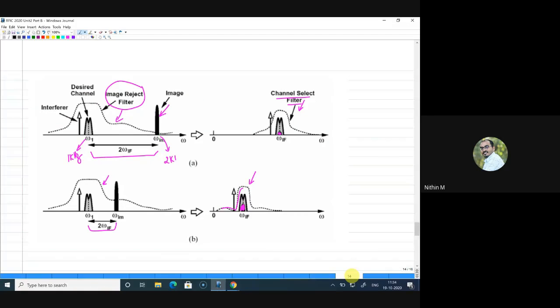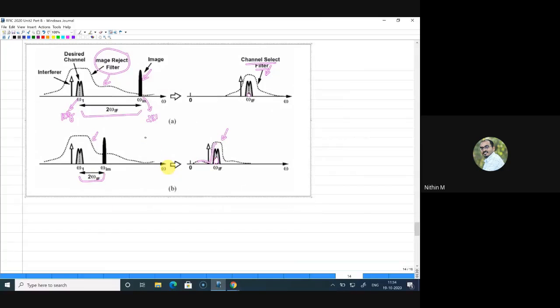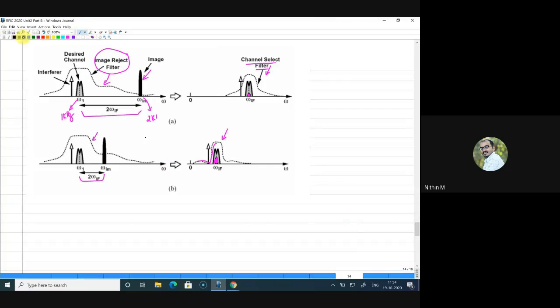Let me just draw the diagram over here. We have the antenna, and then the first filter, which selects a band, a band pass filter, followed by the low noise amplifier.